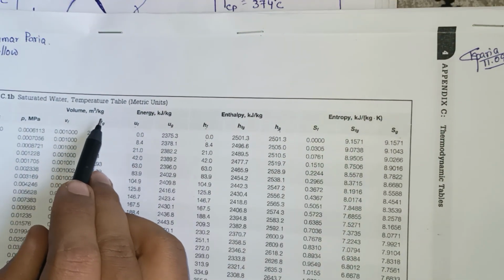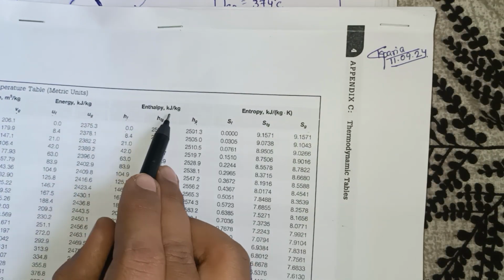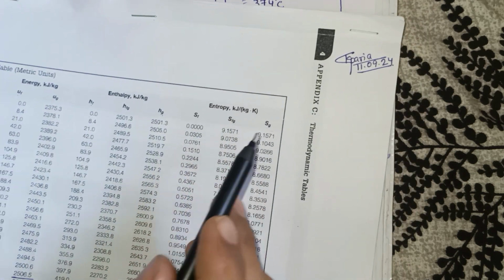The units are meter cube per kg, kilojoule per kg for energy and enthalpy, and kilojoule per kg Kelvin for entropy.